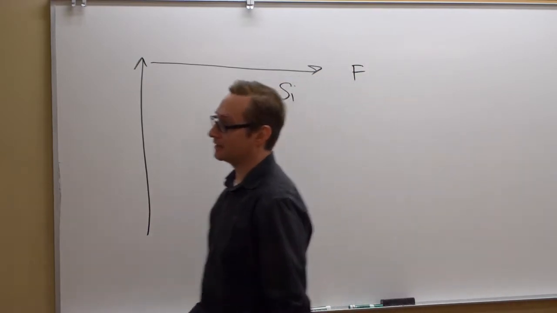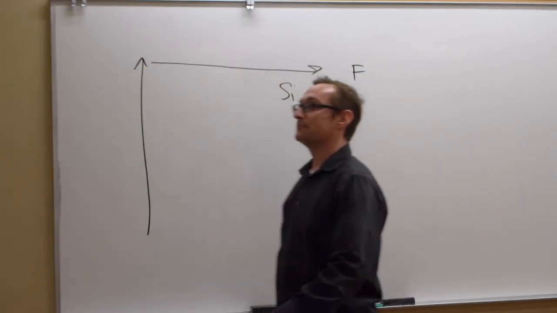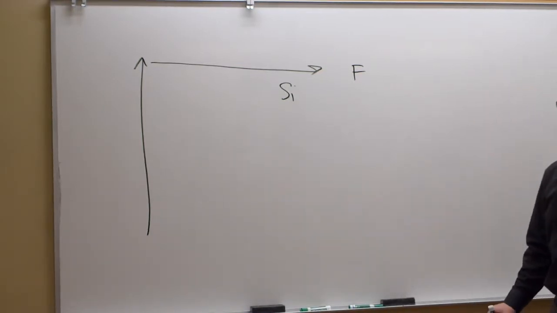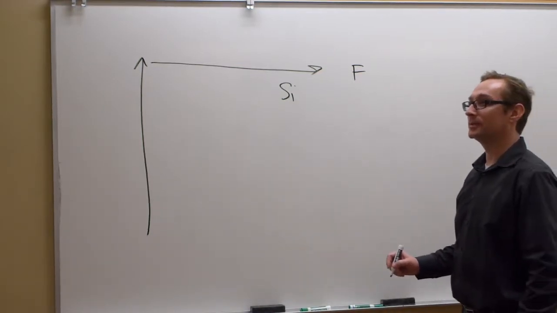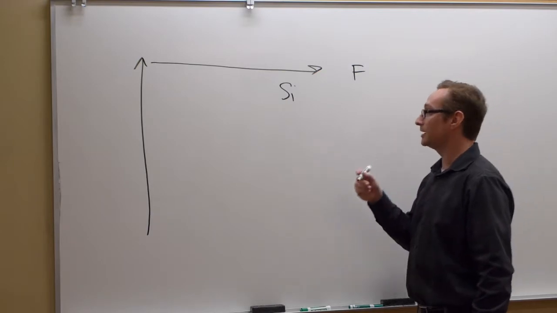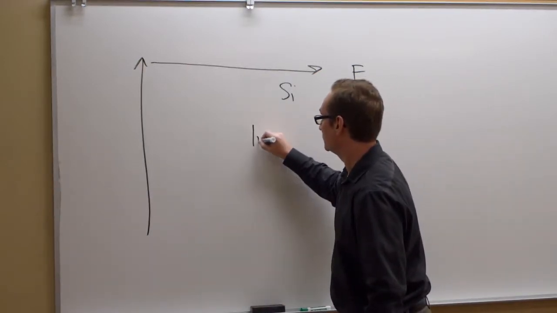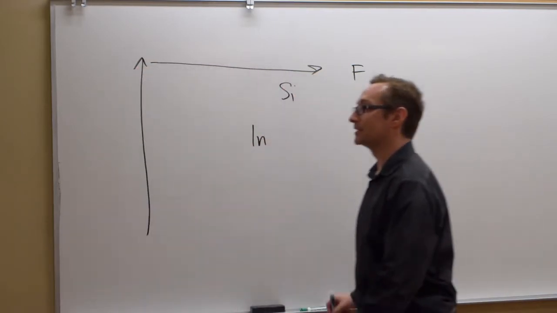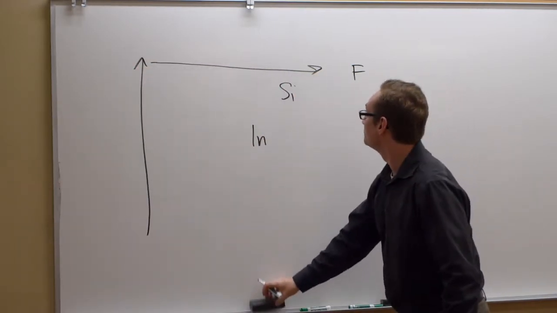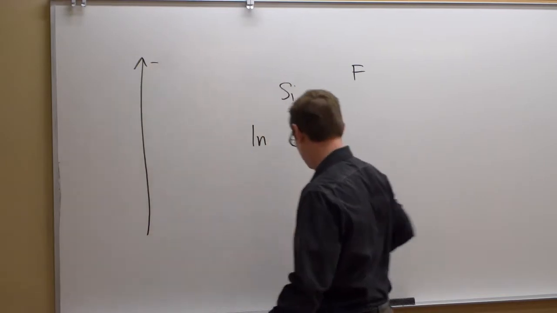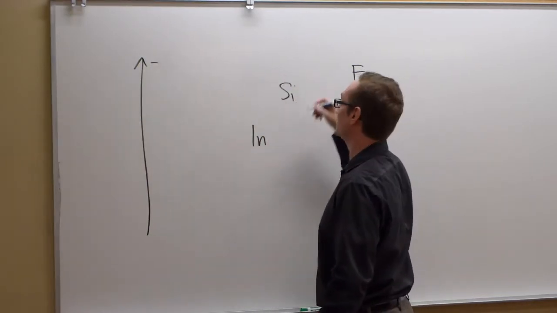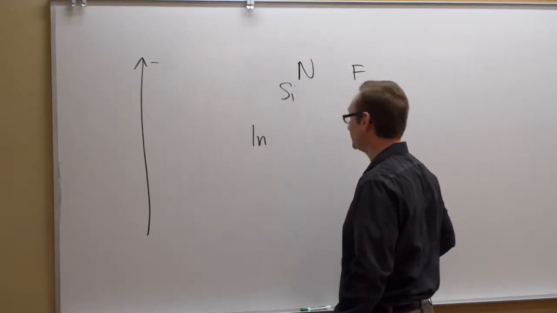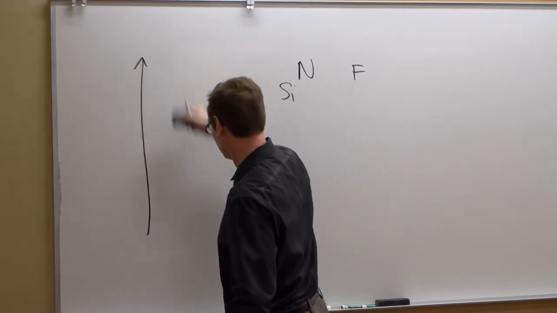Okay, and then you've got indium. Where's indium? It's a little bit below and to the left of silicon. So here's indium. Okay, and then you've got nitrogen. Nitrogen is above silicon, kind of like right there.